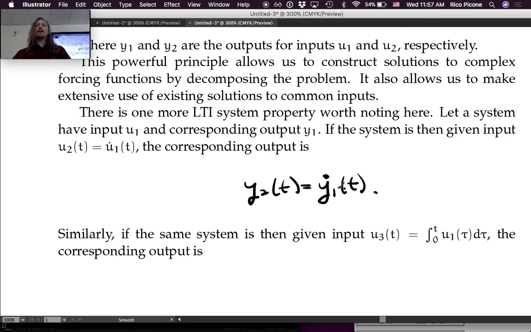So U1 gave Y1, and if we say, oh, instead of putting in U1, let's take the time derivative of U1 and put it in, you don't have to resolve the problem. All you have to do is take the time derivative of the solution you already have. So that's a nice property.